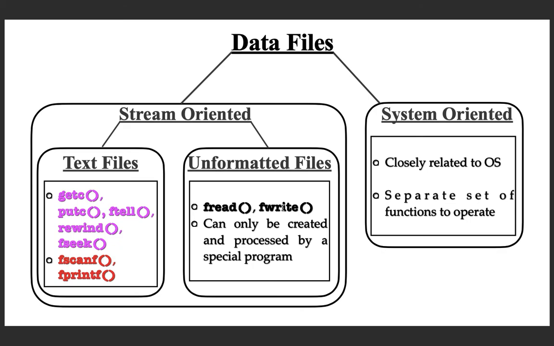They are closely related to the operating system, and you need a separate set of functions to operate on system oriented files, which is out of scope. And I just wanted to recollect which functions we have looked at. Other than that, it's not so important.